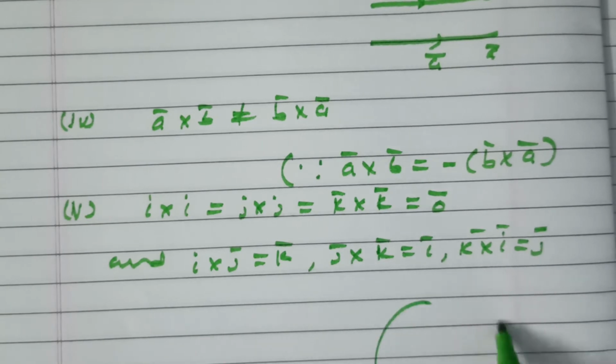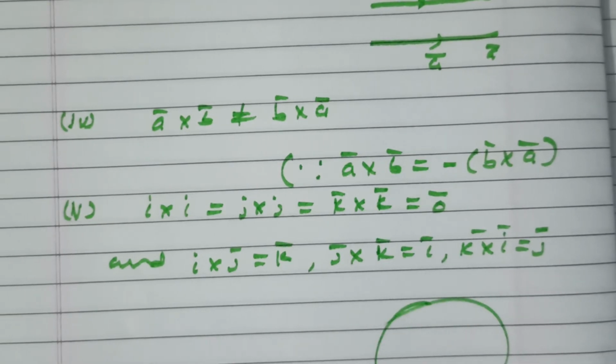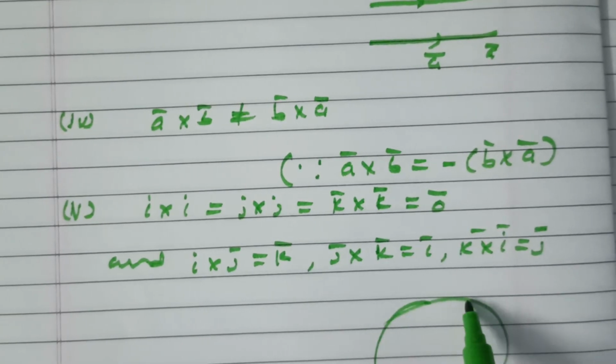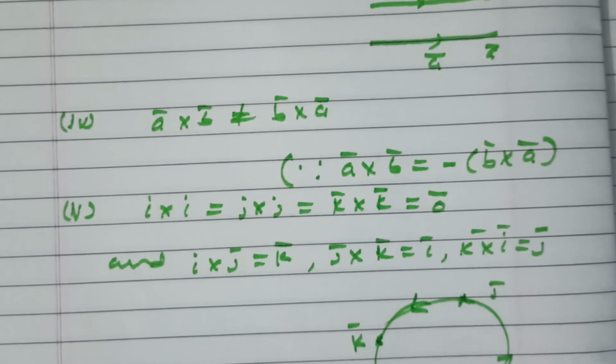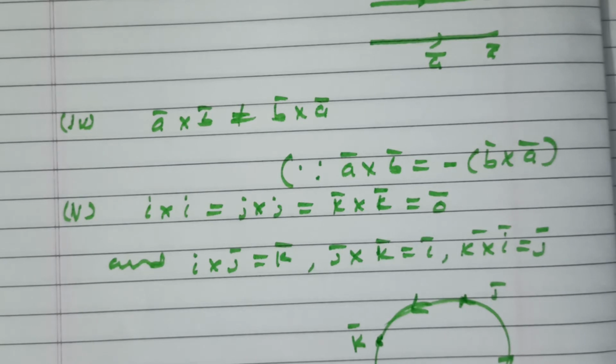That is, suppose in the anti-clockwise direction, I bar is this, J bar is this, K bar. So in the anti-clockwise direction I bar cross J bar is equal to K bar, J bar cross K bar is equal to I bar. Next, K bar cross I bar is equal to J bar.